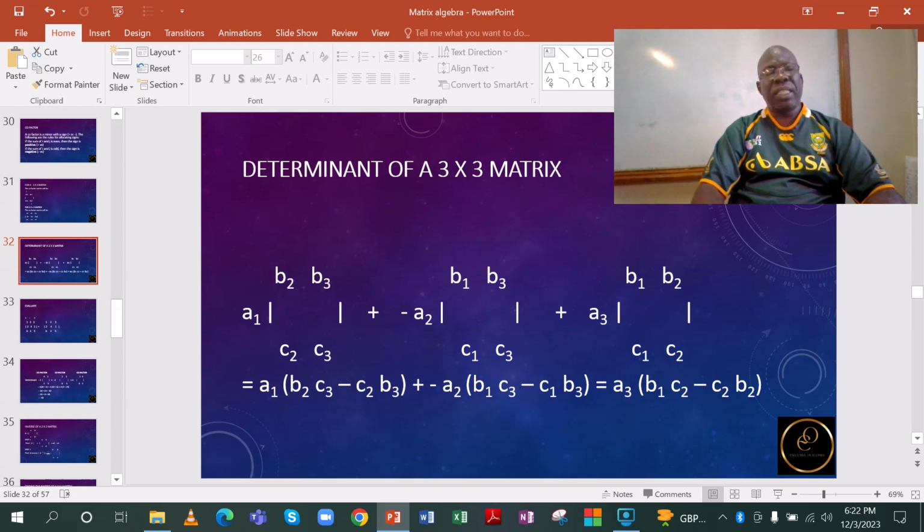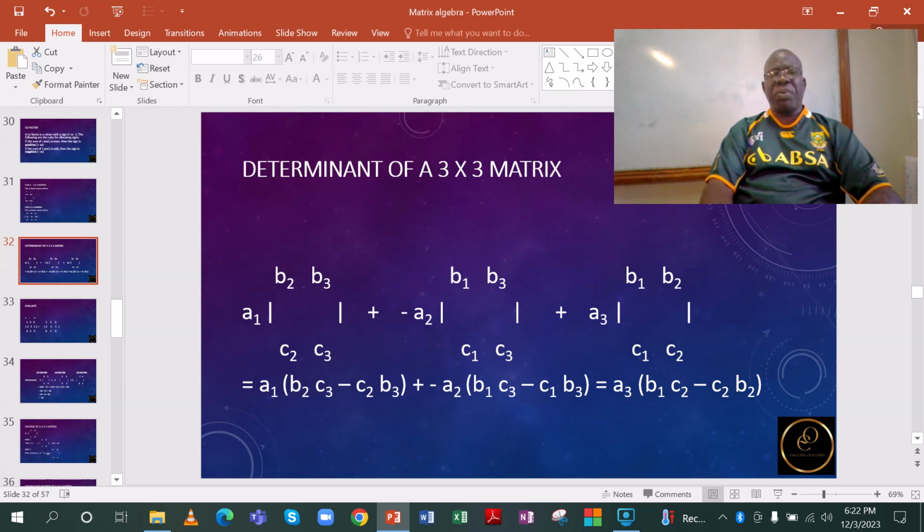Then you have B2, B3 and C2, C3 as off the lines drawn. A2 is found in row 1, column 2. If you add I and J, the number of the row and the number of the column, that gives 3, which is odd, so it gets a negative sign.